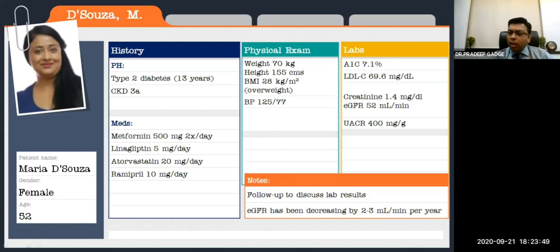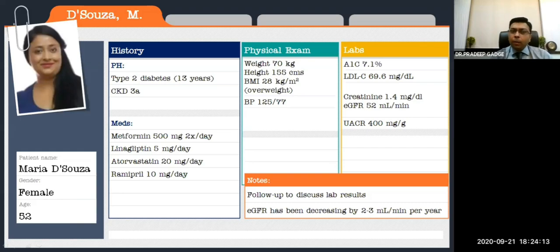So this is what this patient has. Basically the patient has type 2 diabetes, CKD, and the patient is on a decent regime. And if you see, her creatinine has been increasing mildly every year and the eGFR has been falling significantly.